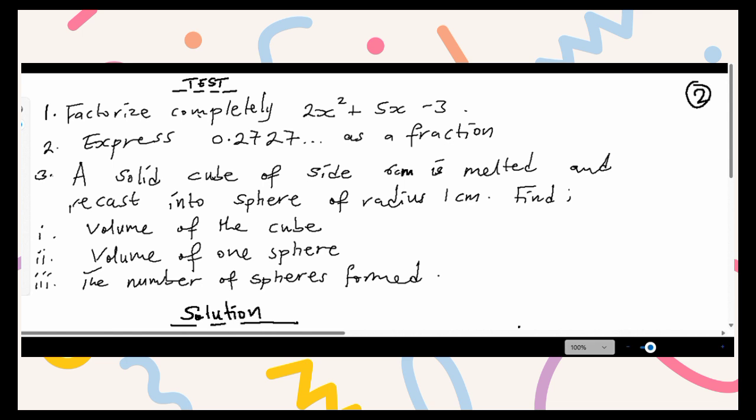Find the volume of the cube, the volume of one sphere, and the number of spheres formed. Okay, right.